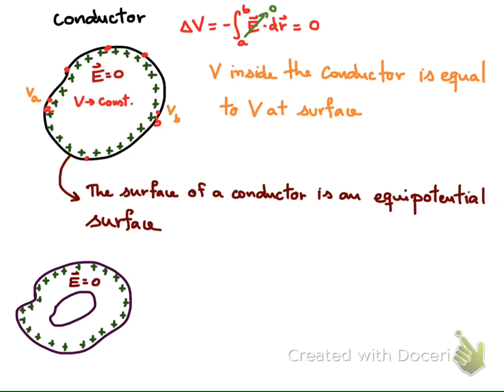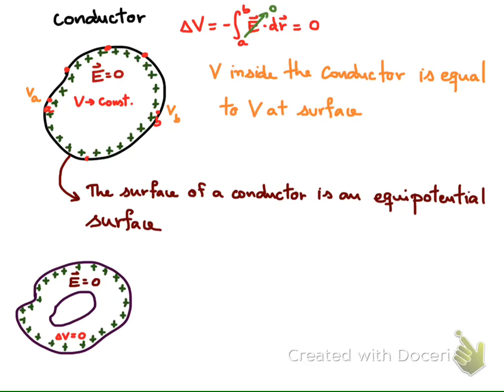Now, if I want to calculate the electric potential inside the conductor, delta V is 0, or the electric potential is constant inside the conductor. The question is, what is the situation in the cavity?